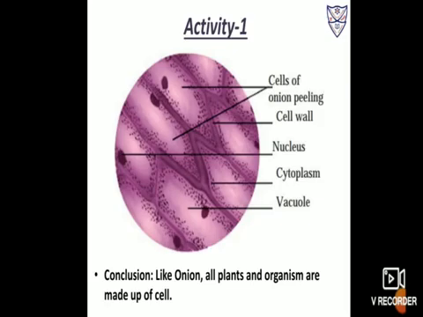A prominent, meaning important, nucleus is present in the cell. A large empty space exists within the cell, and this empty space is called a vacuole. So from this, we have concluded that like onion, all plants and organisms are made up of cells.